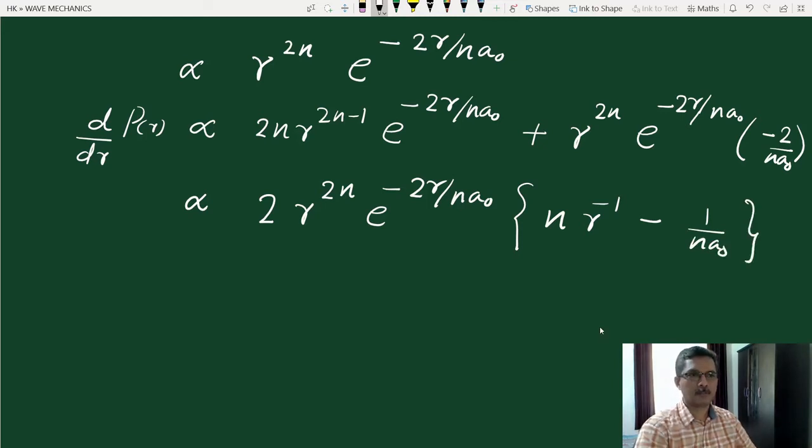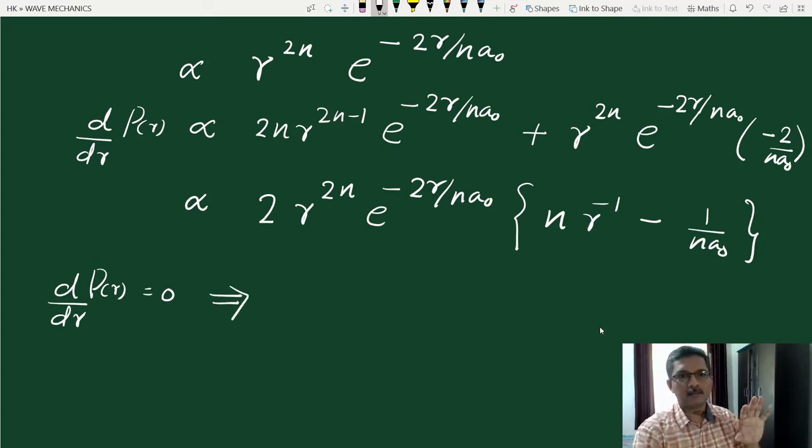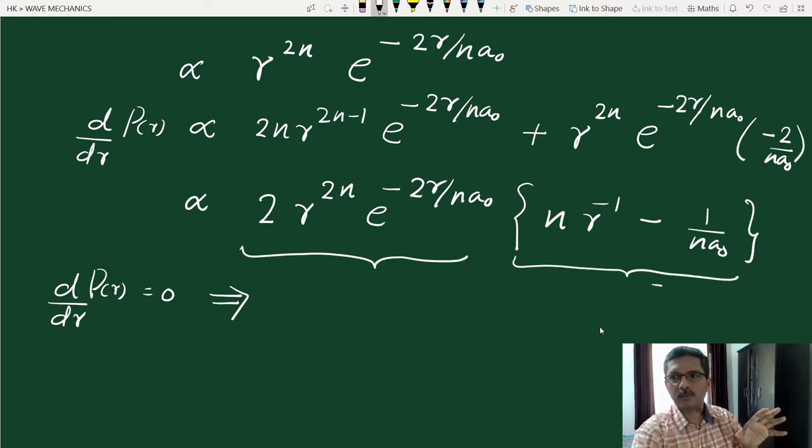To find the most probable radial distance, we equate this derivative of probability to 0. The other terms, including the constant, are non-zero, so this part will be 0.